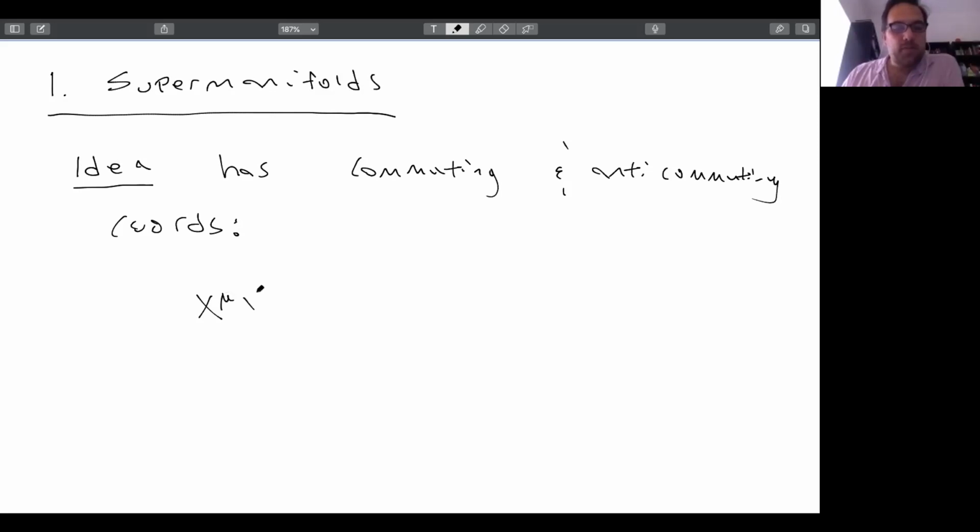So you have the usual commuting coordinates, which pairwise commute with each other. And then you have anti-commuting coordinates, which pairwise anti-commute.